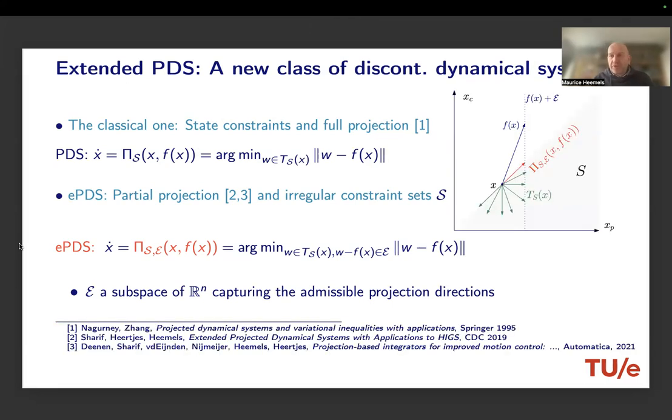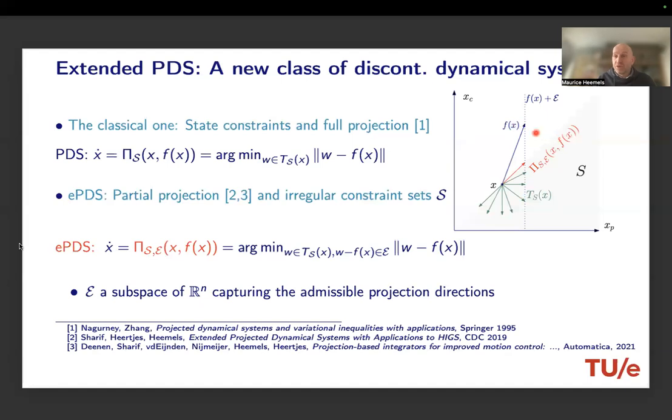So to put this in a picture, it's the same picture as before. We now change x1 and x2 here to plant states and controller states. So the same constraint set S, that's the gray area. We have the tangent cone again at this point. F of x in this case is pointing outside, so we cannot use the original dynamics, but we have to project it on the tangent cone.